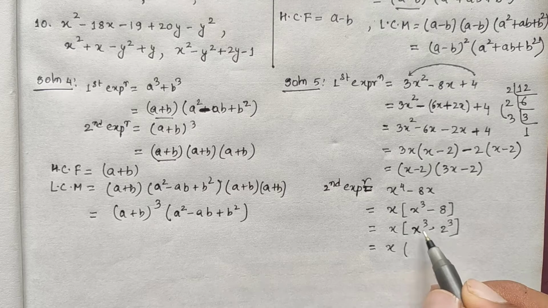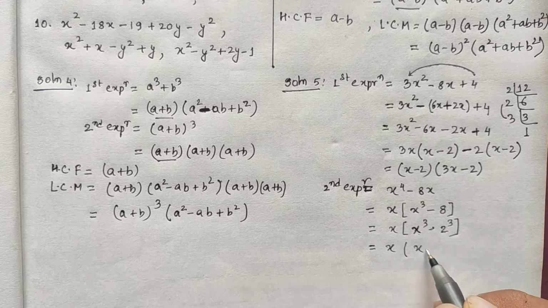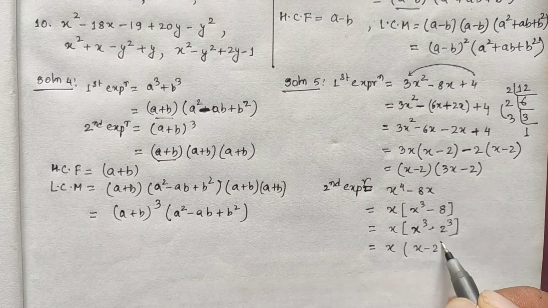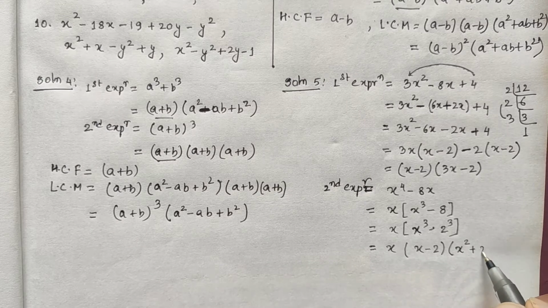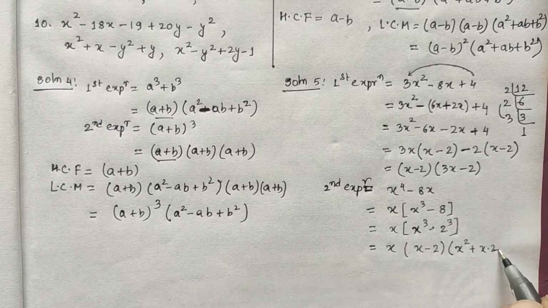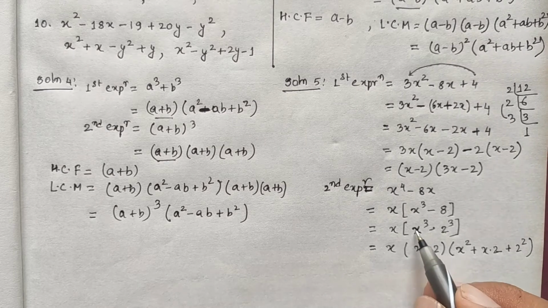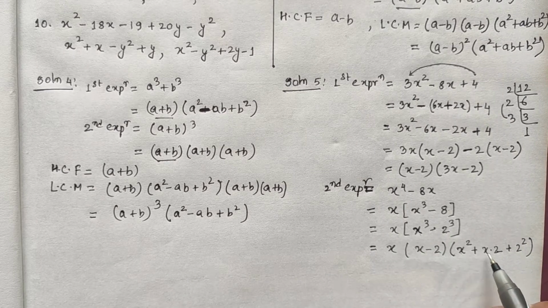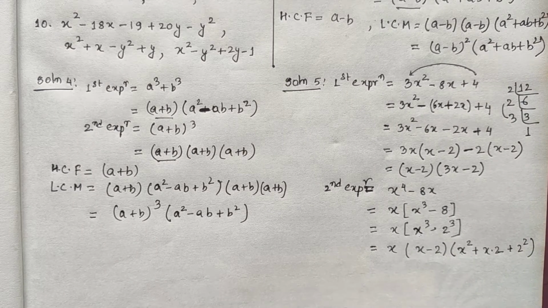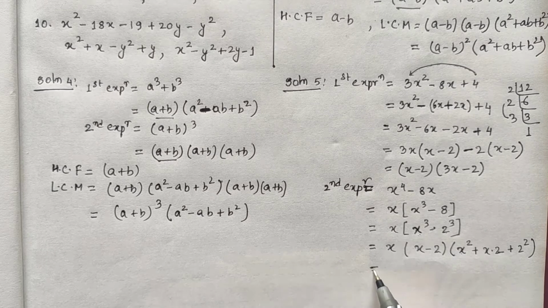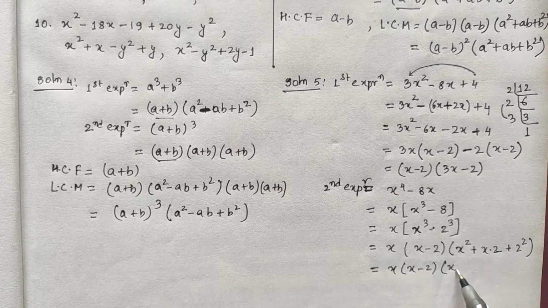Okay, so a cube minus b cube becomes a minus b times a square plus ab plus b square. So our formula is a minus b, a square plus ab plus b square, because a is x here and b is 2, so don't be confused. Okay, check the formulas. So x minus 2, and it is x square.